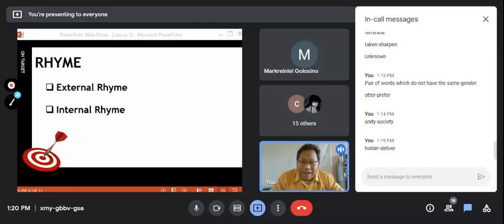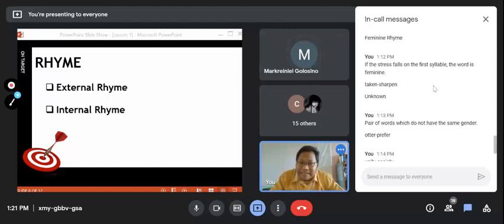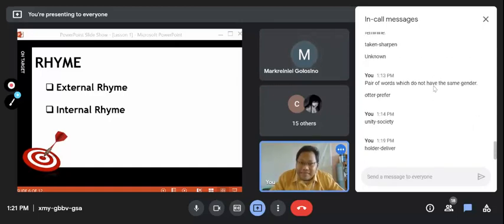Word number one, what's the gender? The stress is on the first syllable. What is its gender? Did you read what's found in the chat box? Read what's found in the chat box and you'll know the answer.